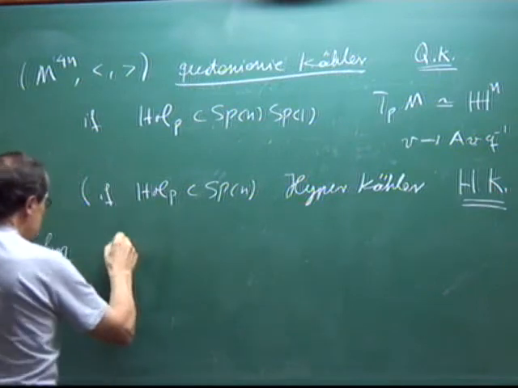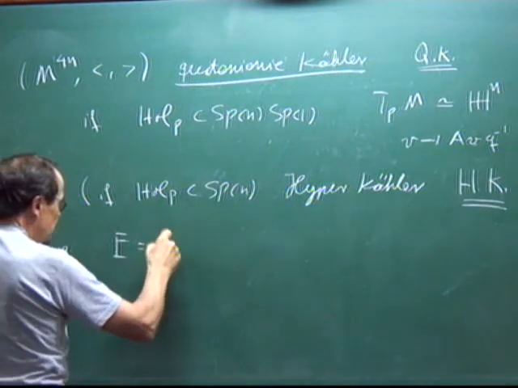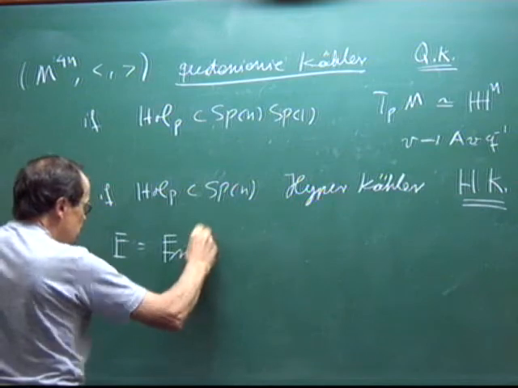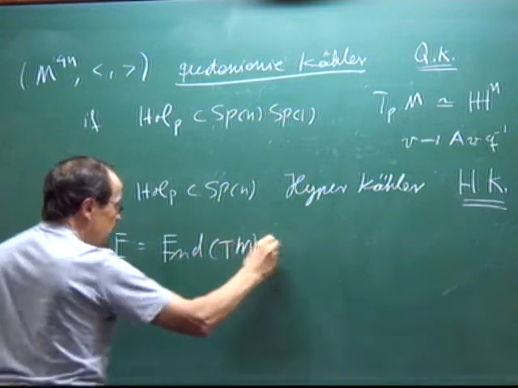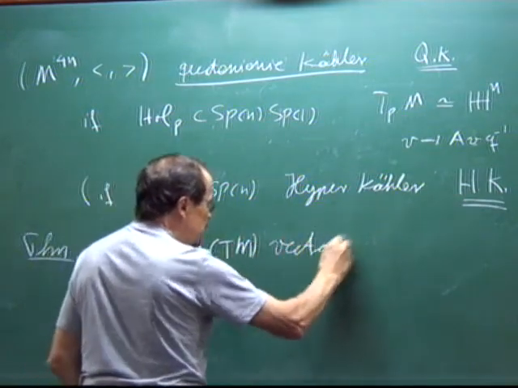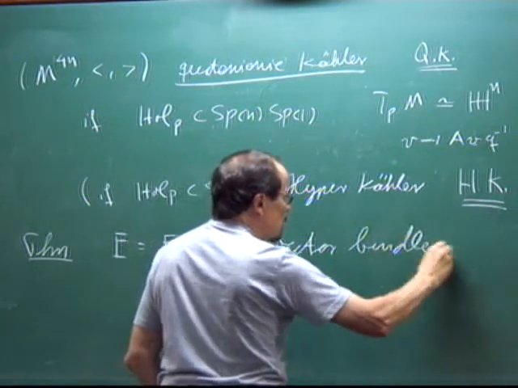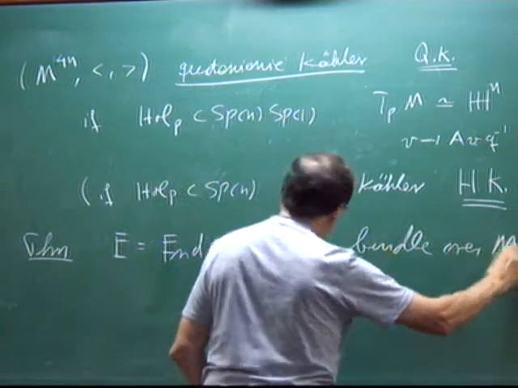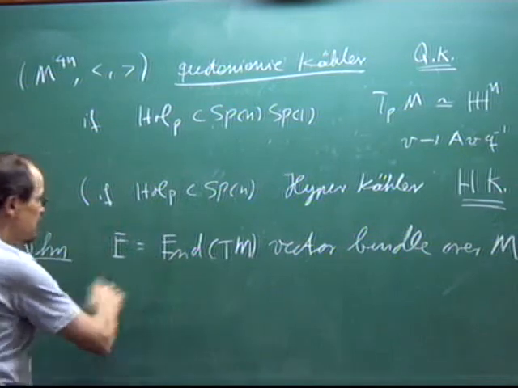So we let E be the endomorphisms of TM. This is a vector bundle over M. At each point, the endomorphisms of the tangent space.